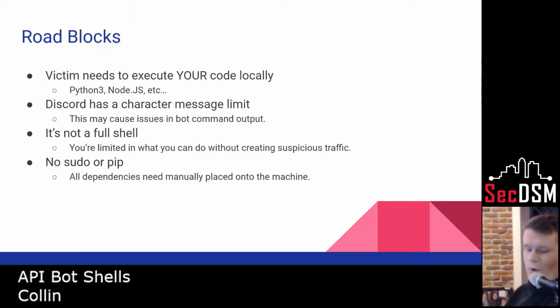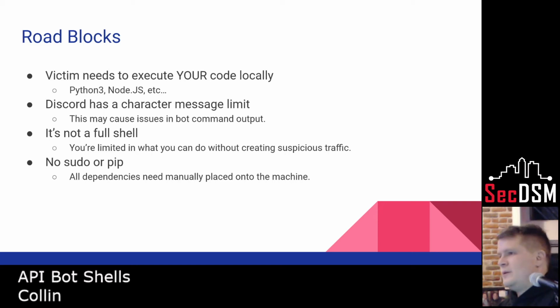So roadblocks I had initially: your victim needs to have Python 3, Node.js, whatever language you're using, installed. I think in theory you could probably do it with something lower level, but I'm not that skilled, so I went with Python. Discord has a character limit. I'm not sure what the limit is. They seem to be changing it a lot. And you don't get a full shell. You're limited to what you can do.